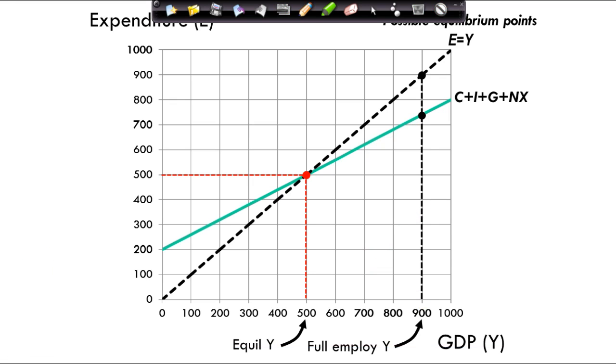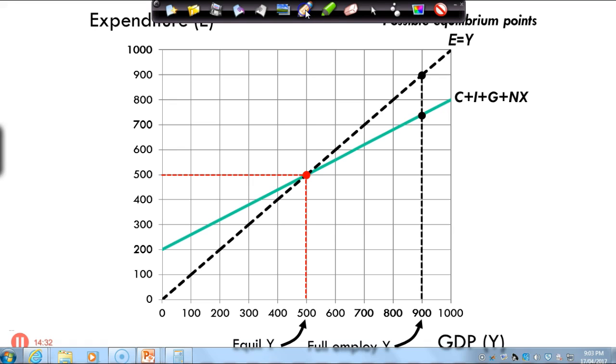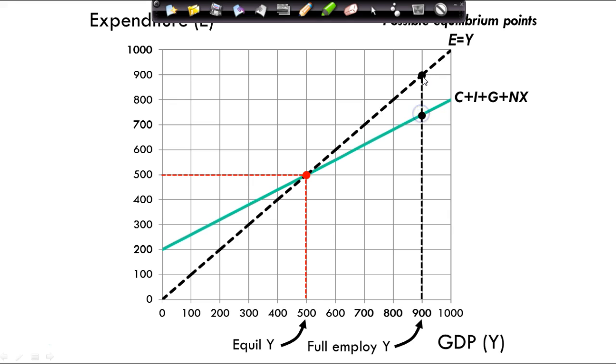Anyway, assuming that the economy were at its actual equilibrium, there are two gaps which we've got labels for. One is the gap between expenditure and output or income. We call this gap the recessionary gap, where expenditure is less than income.